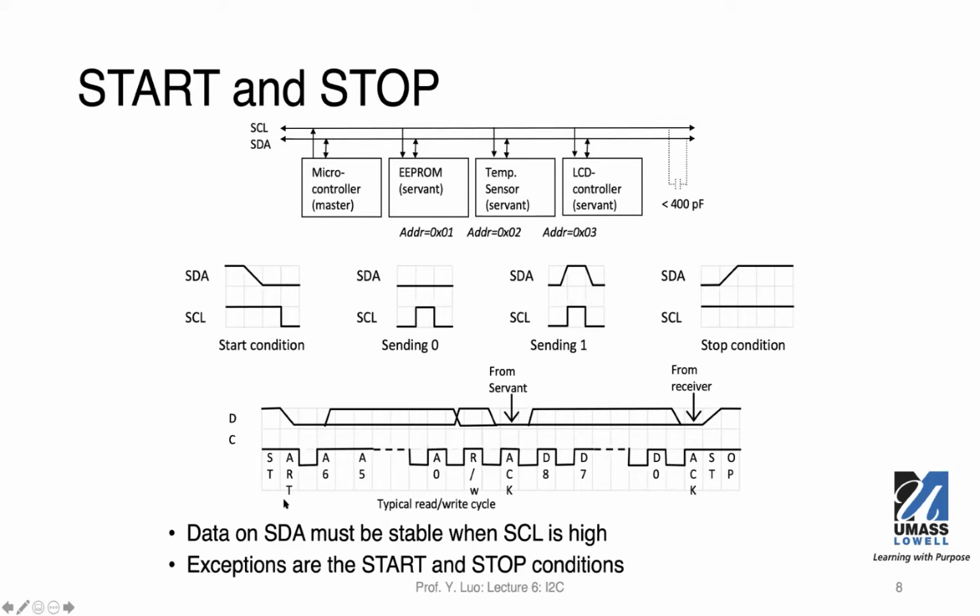As we show in this example, we have a start condition, because we start with idle and then the SDA port goes low, so the clock starts. Then the first cycle we are going to send out is bit A6, and then A5, and another cycle A4, all the way to A0.